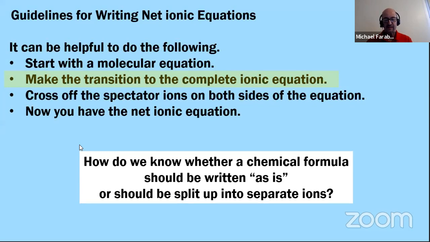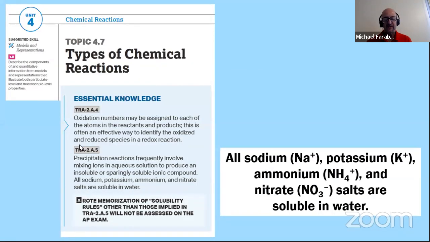In tomorrow's lesson, I will talk more about different topics of Unit 4, and one of them is topic 4.7, and in topic 4.7, they say specifically that sodium, potassium, ammonium, and nitrate, salts that contain these ions, are soluble in water. But memorization of solubility rules other than these are not going to be assessed on the AP exam. That's a good thing to keep in your head.